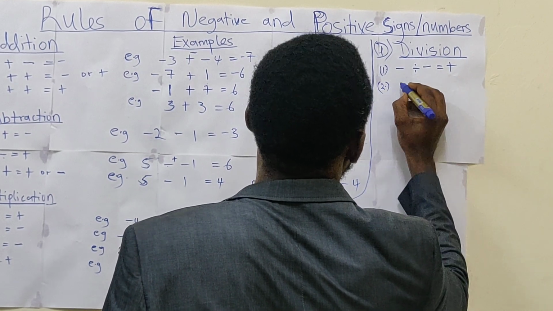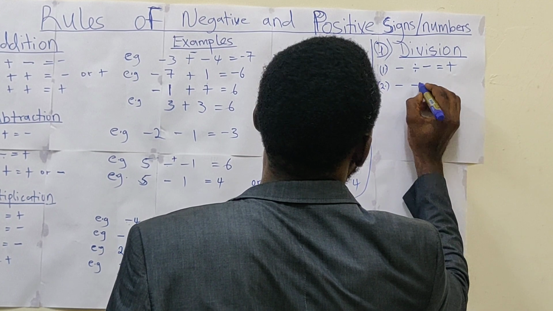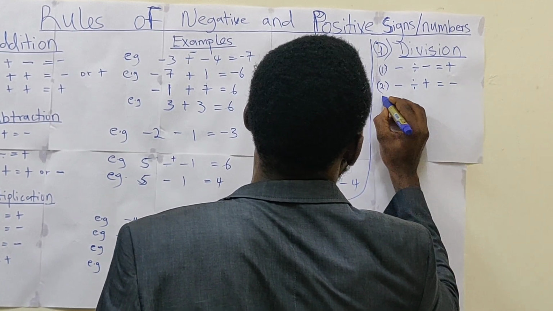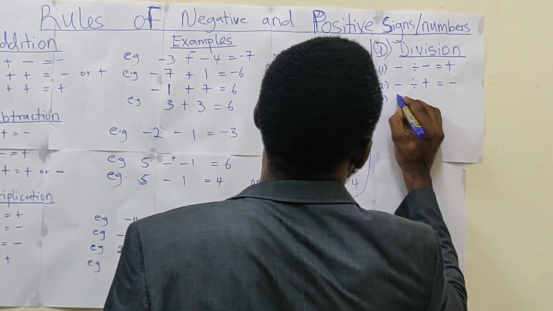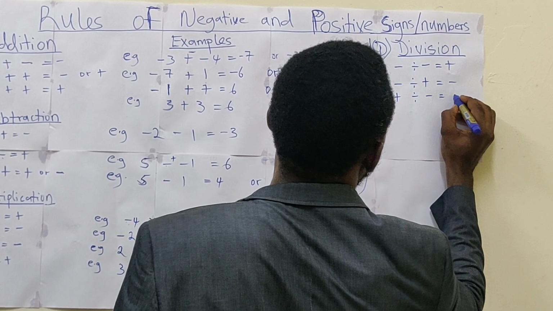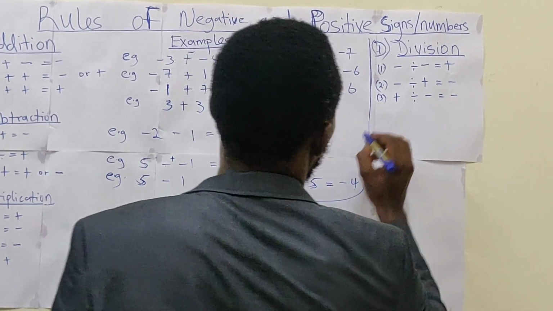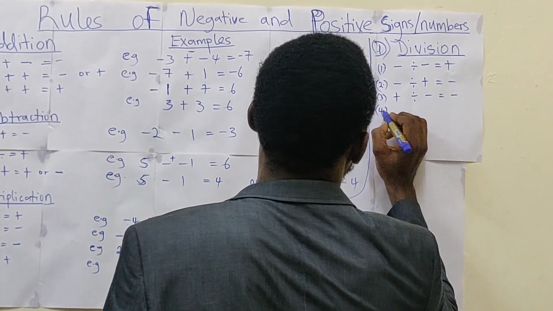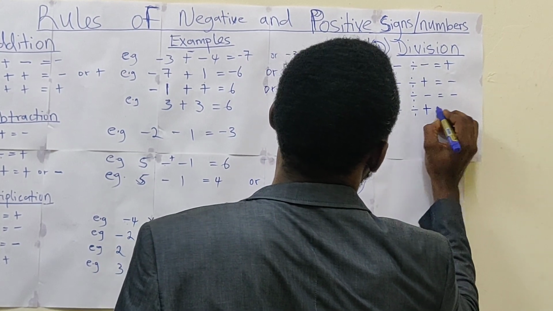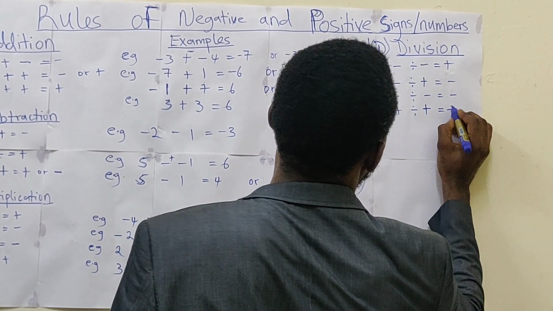Another possible way, we can have negative divided by positive, which is negative. And still have positive divided by negative, which is negative. And lastly, positive divided by positive, which is positive.